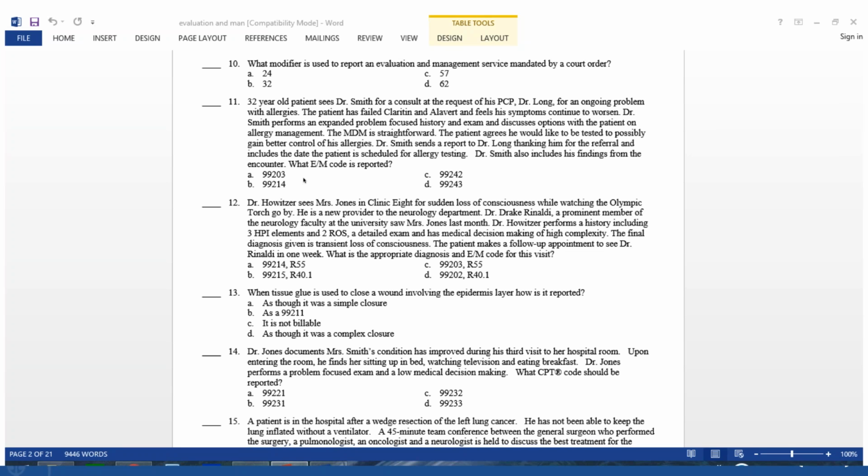Don't let them trick you, because if you went straight for your code, let's say you knew it was R55, it's still going to be like, do you know whether that patient's new or established? You're still going to have to look for it. I get what you're saying. No, I was just saying, only in this case. That's the only thing.